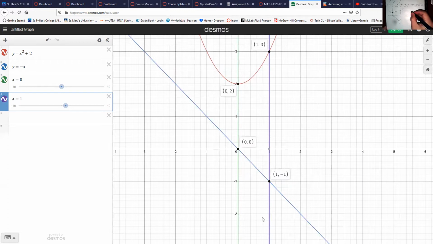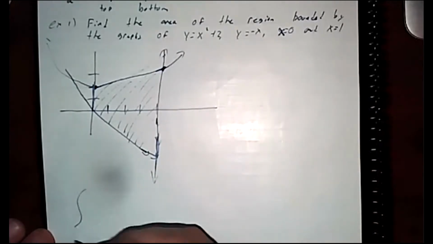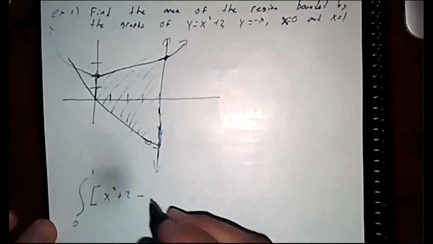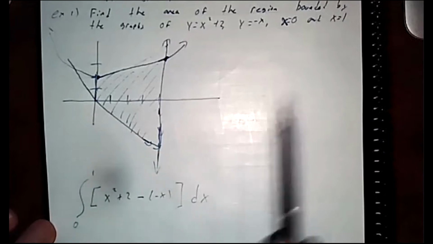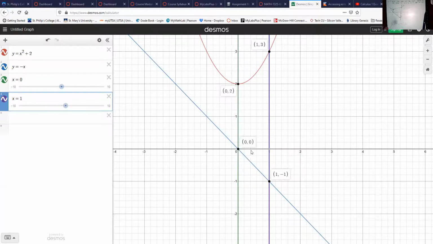So the integral would be simply the integral from 0 to 1 of the top function, x squared plus 2, minus the bottom function, which is negative x, dx. And the 0 to 1 is chosen by looking at the bounds, right? So 0 to 1 is where the rectangles are going, from here all the way to there. So that's why I choose the bounds.